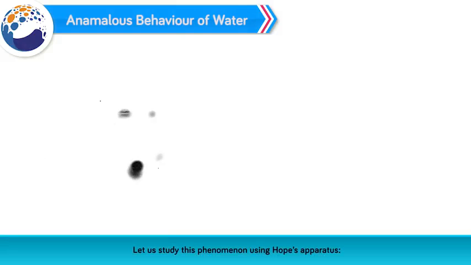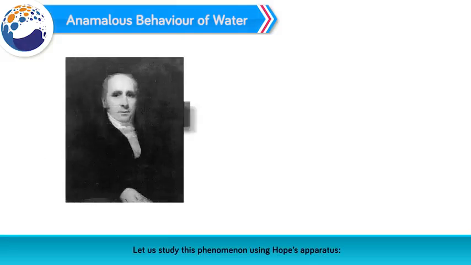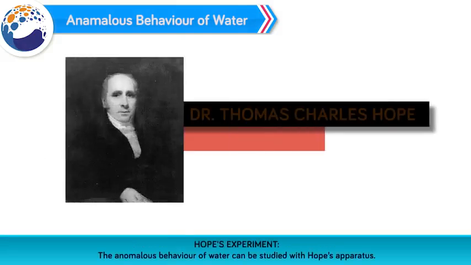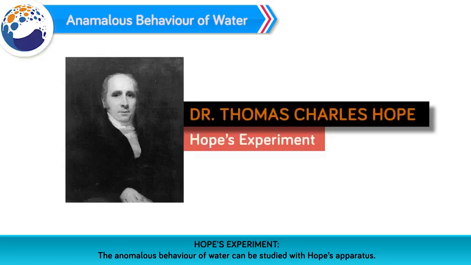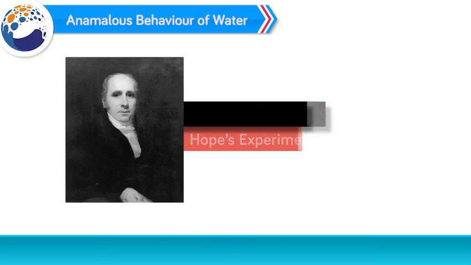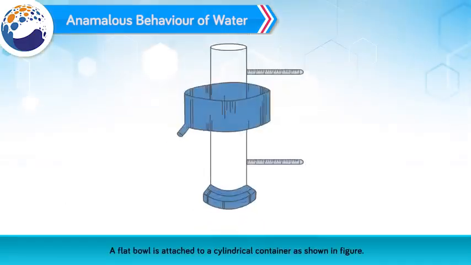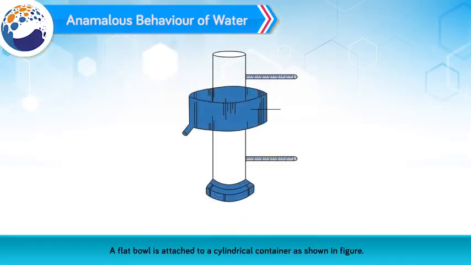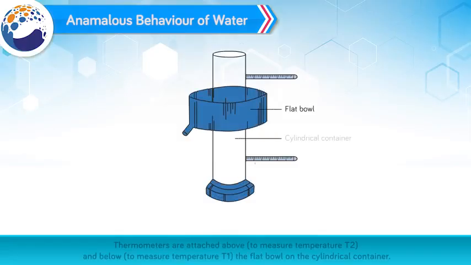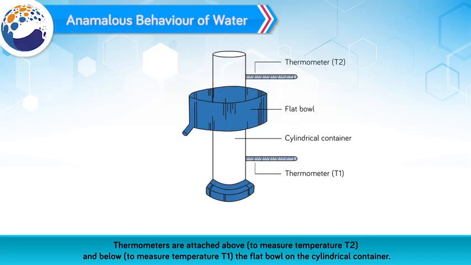Let's study this phenomenon using Hope's apparatus. Hope's experiment. The anomalous behavior of water can be studied with Hope's apparatus. A flat bowl is attached to a cylindrical container as shown in the figure. Thermometers are attached above and below the flat bowl on the cylindrical container.